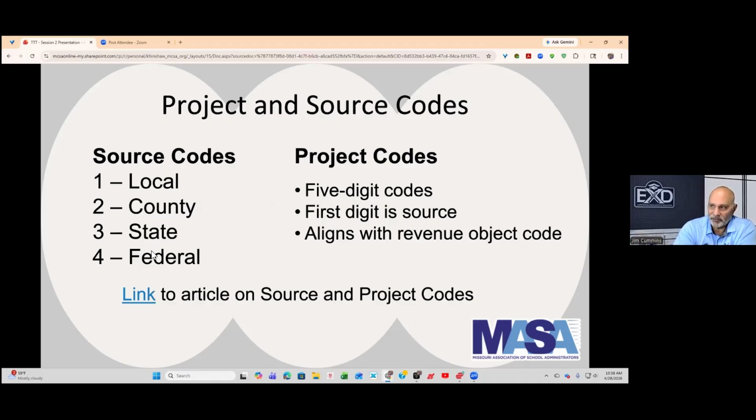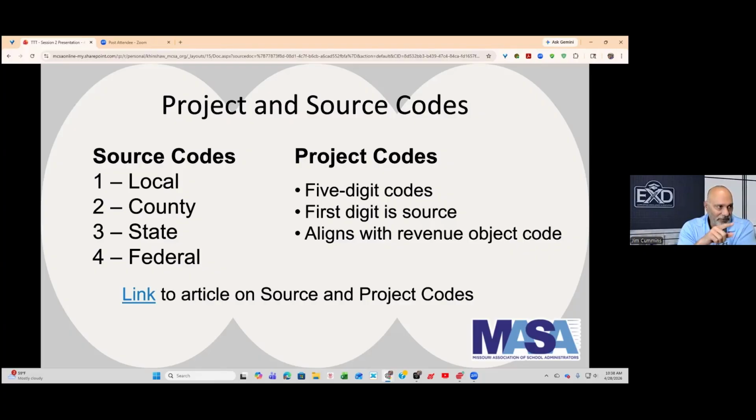All right, project and source codes. This is important for a number of reasons, but your local, county, state, and federal are pretty easy because when you get your DESI transmittal, it tells you what the revenue code is, and the first digit or the second digit in that revenue code will tell you what the source is.